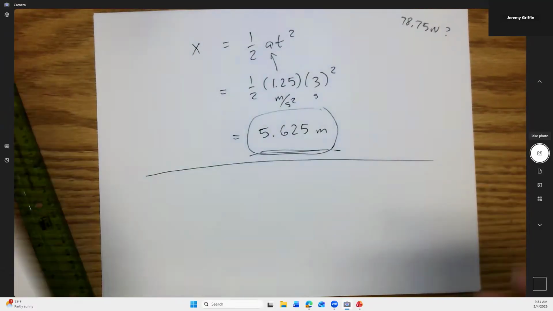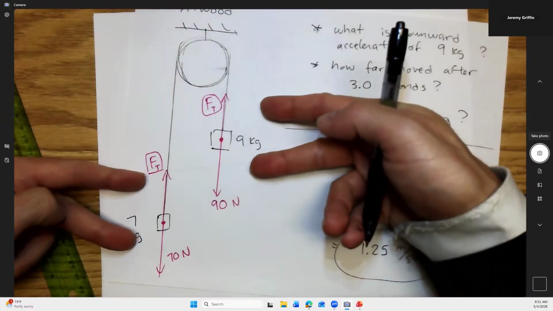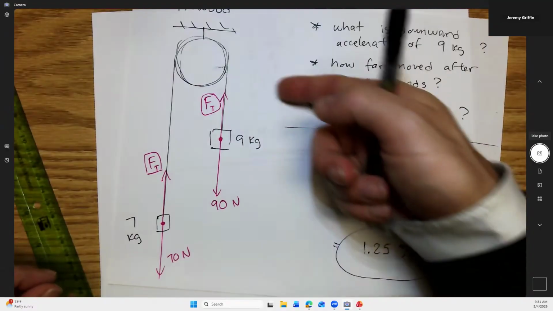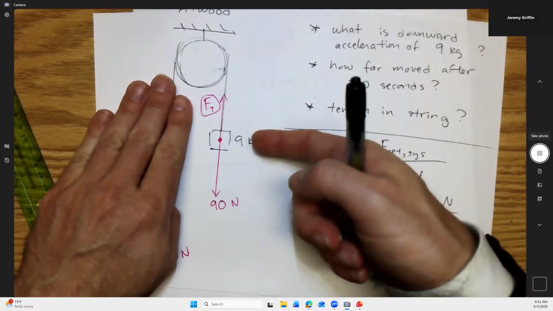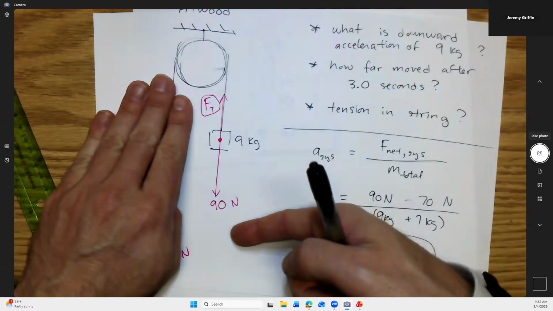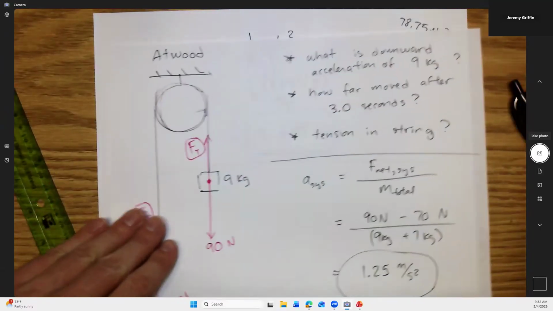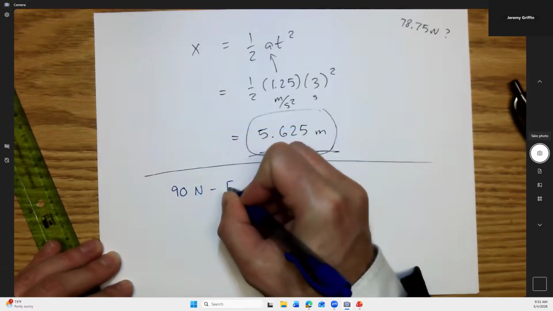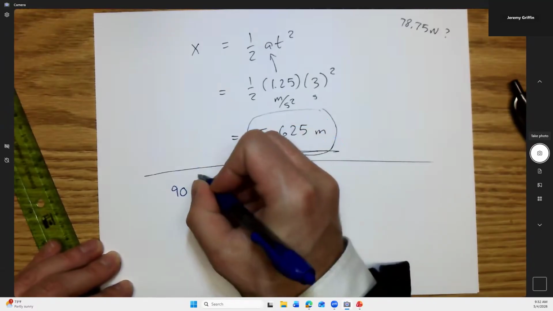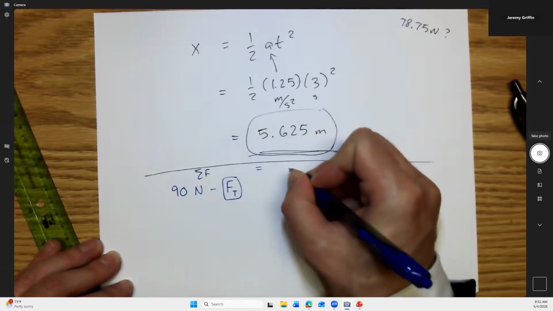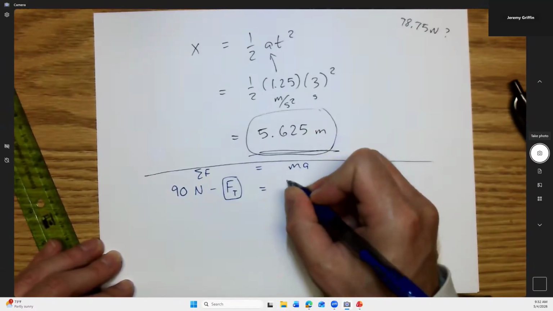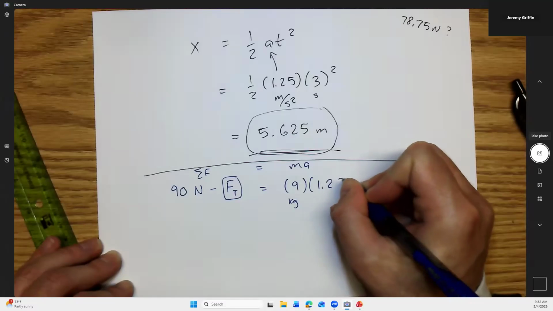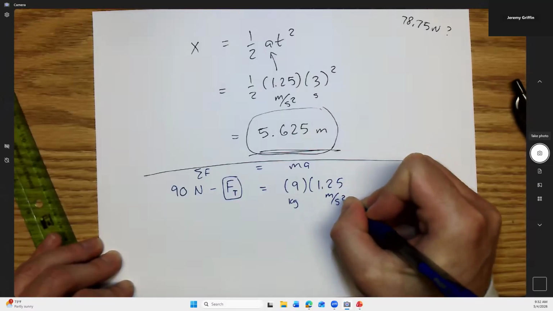Can I pick either one of these free body diagrams? Let's try this one. Since there's more force down than up, I'll call down the positive direction. So I'll say 90 newtons minus the tension force. This is the sum of forces equals ma. That results in the 9 kilogram block accelerating at 1.25 meters per second squared downward, which I defined as positive.